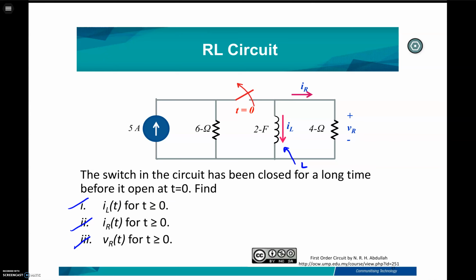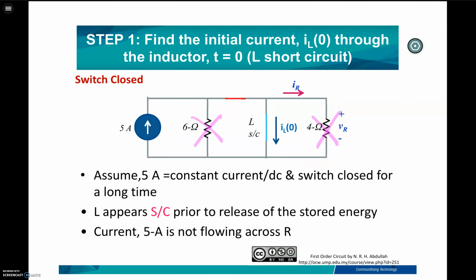So here is iR(t), iL(t), and then vR(t). The first step will be to find the initial iL through the inductor at t equal to 0.